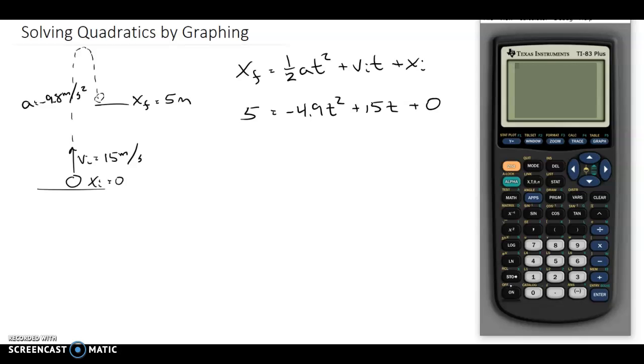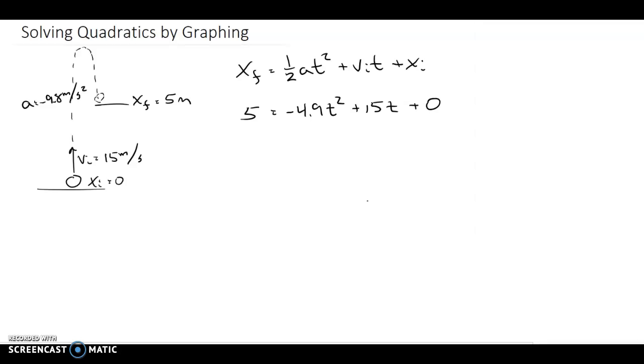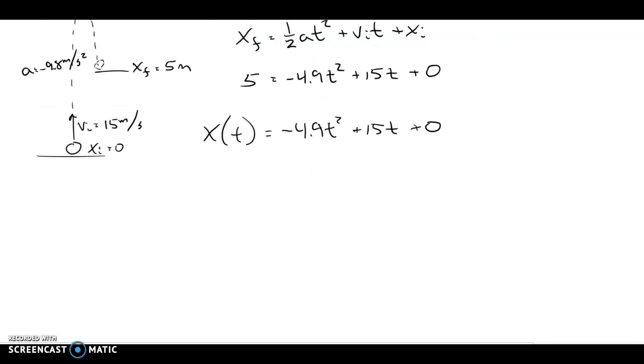One is to look at this as the function: position as it relates to time is equal to negative 4.9 t squared plus 15t plus 0. And what I really want to know is, what is the time when the position is 5?